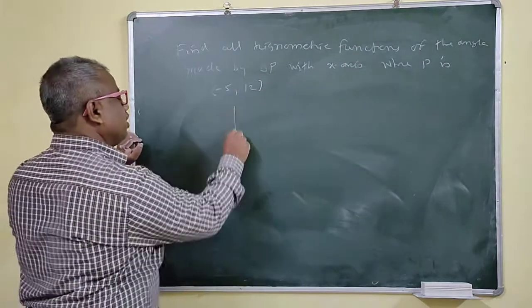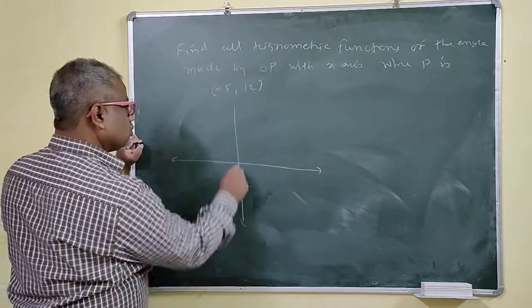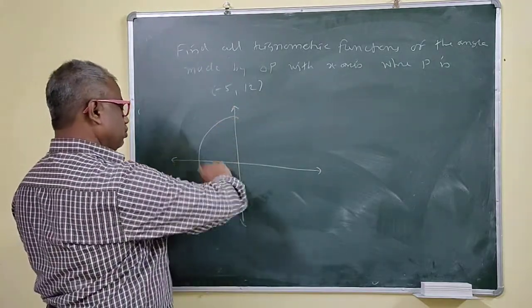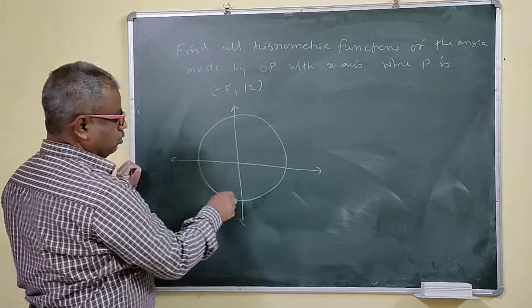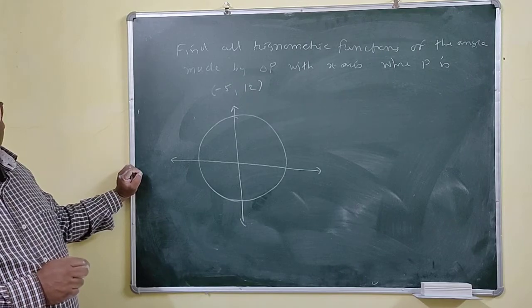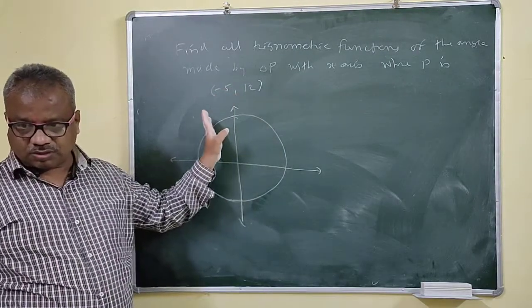Okay, so first we'll draw the figure. Right, this is a circle. This is not actually a standard unit circle, because the point -5, 12 will not be the values of sine and cos now.